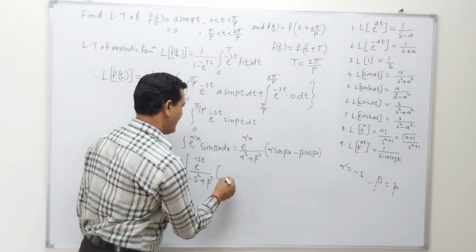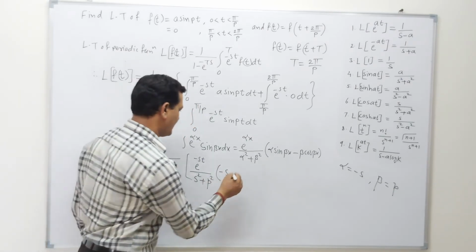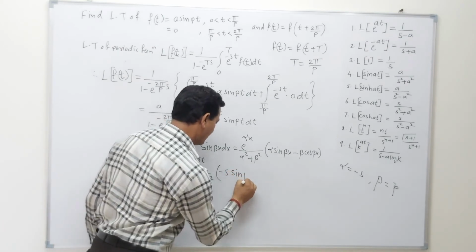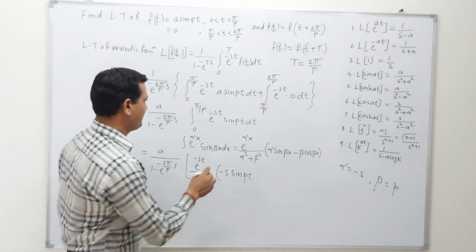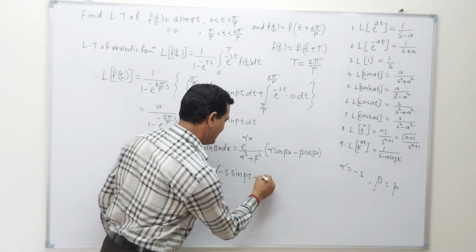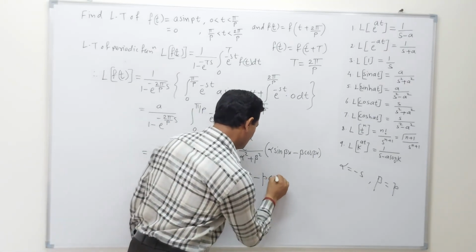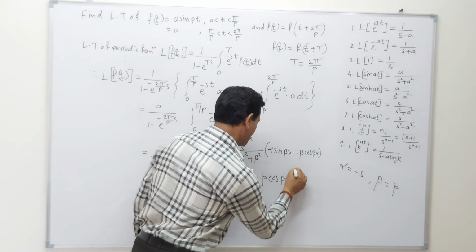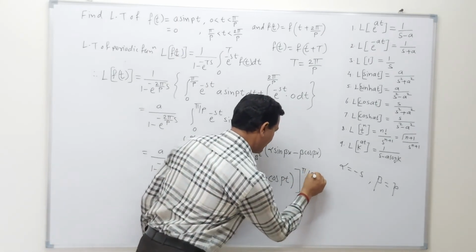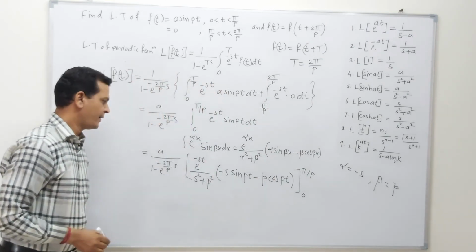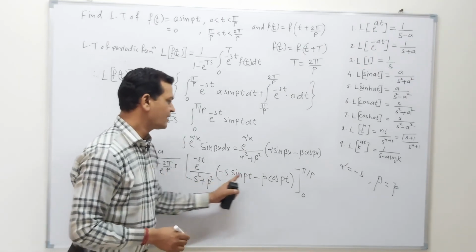Then in bracket α, so the value of α is minus s into sine pt, then minus β, the value of β is p, into cos pt, and its limit is 0 to π/p. So after taking the integration of this term with the help of this rule, we get this step.